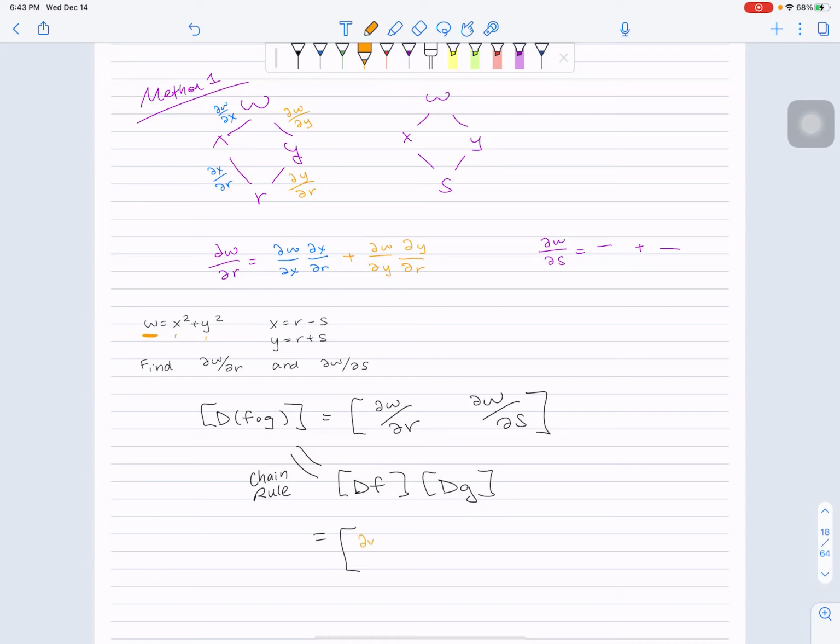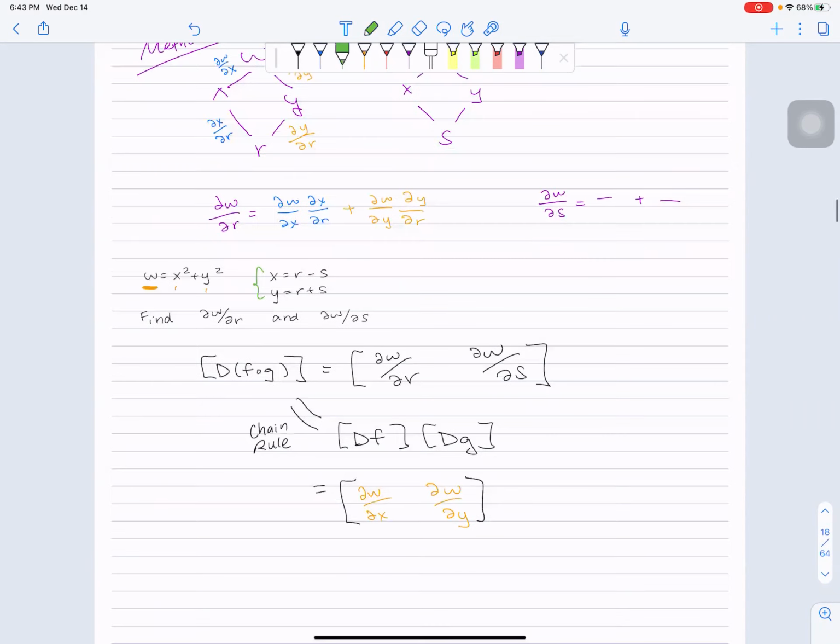So I'm going to have w with respect to two inputs, x and y. G is our inner function. The second layer were the x and y's, so my outputs are x's and y's. What are the inputs of those? R and s. So I have r as the first column and s as the second column.